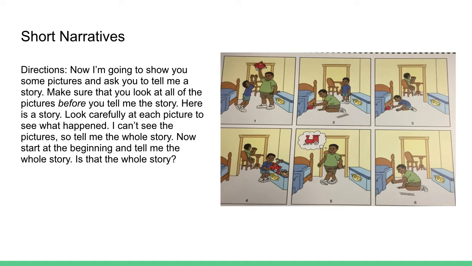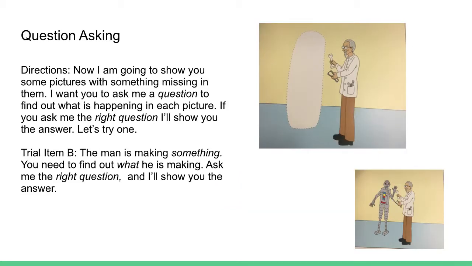The short narrative section is designed to assess a child's ability to contrast characters, link events in time, and include references to the mental states of the characters when telling a simple story. The question asking subtest was designed to assess a child's ability to ask the question needed to obtain specific information. The child is required to ask who, what, where, why, how, and double WH questions.